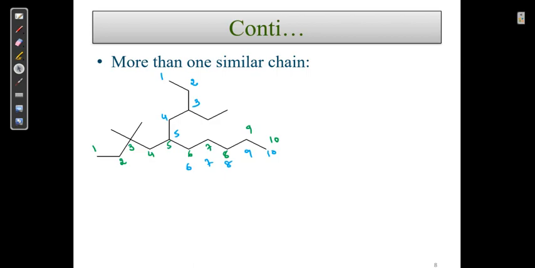The remaining is not at all possible, or either we can say it is going to be the same, 1, 2, 3, 4, 5, 6, 7, 8, 9. So these are the two possibilities. The one possibility is this one, and another possibility is this one.